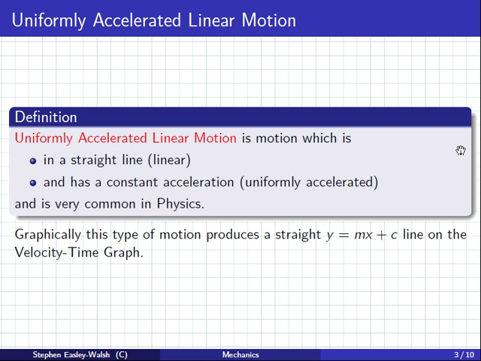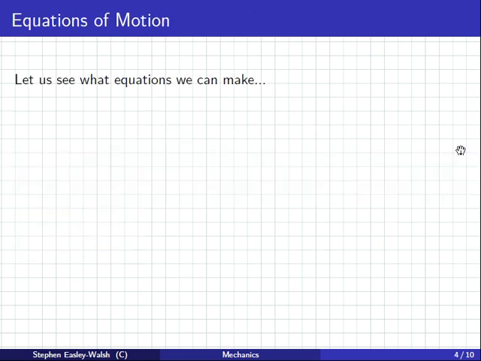If you were to graph this on a velocity time graph, it would look like a straight line, wouldn't it? So, let's see what equations we can make. Oh, and before I continue, the proof of these equations could be asked of you in the exam.